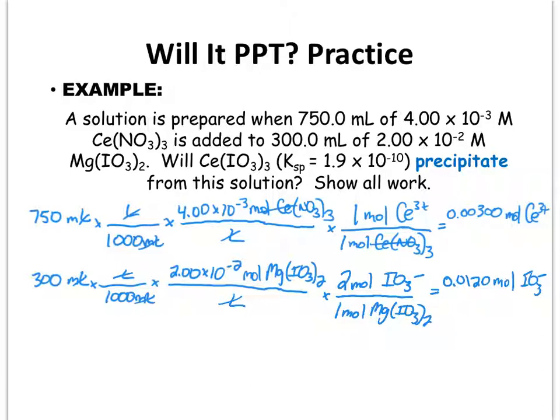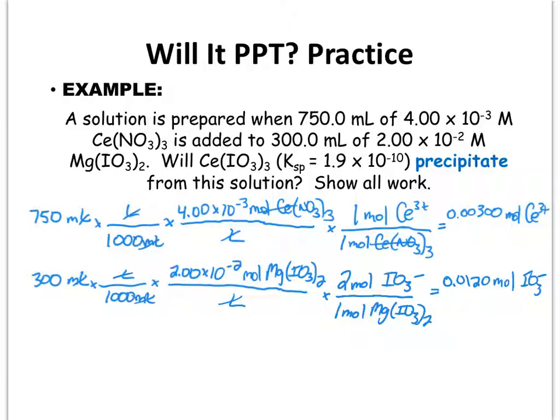So now what I have to do, if you look at the next step, is divide this by the volume because we're trying to get to concentration of each of these ions. So if I look in the problem, I mixed 750 milliliters with 300 milliliters. So that is a total of 1,050 milliliters for my new total volume of solution.